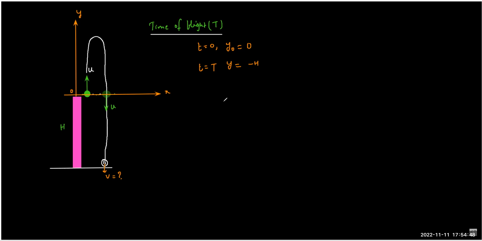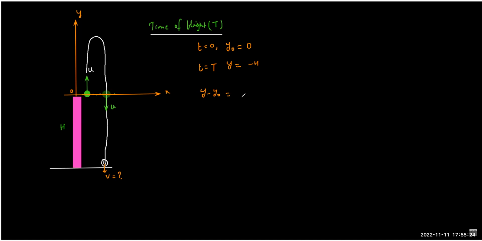Second one, very good. What is the second kinematical equation, guys? S equals ut plus half at square. So in terms of coordinate, how do we write it? We should replace S by y minus y0.